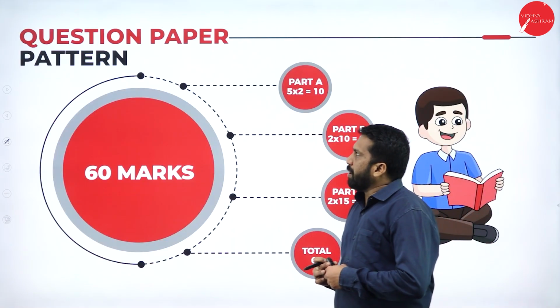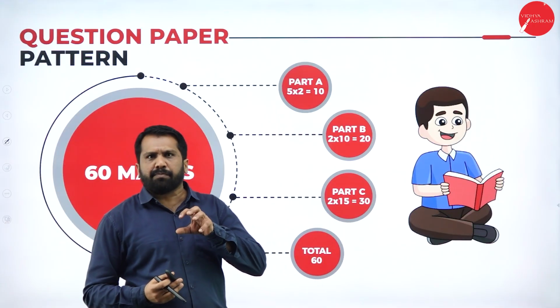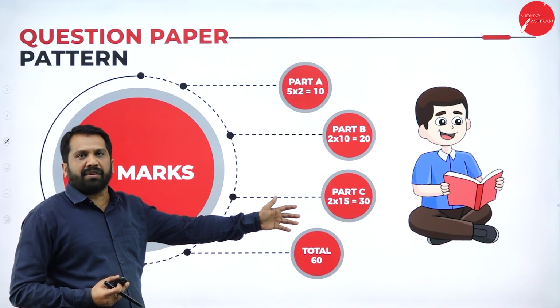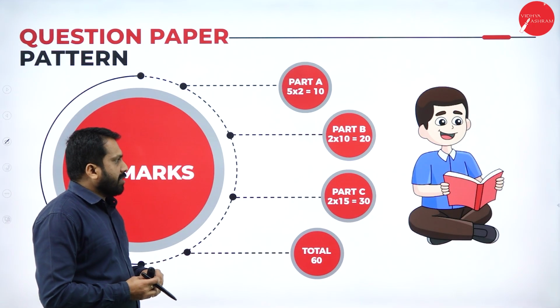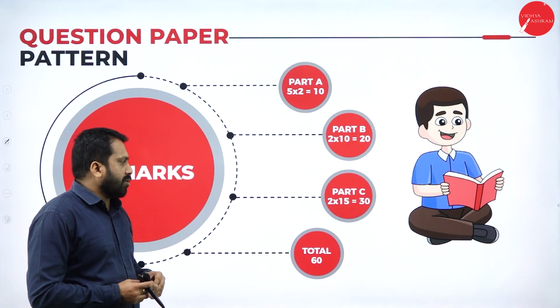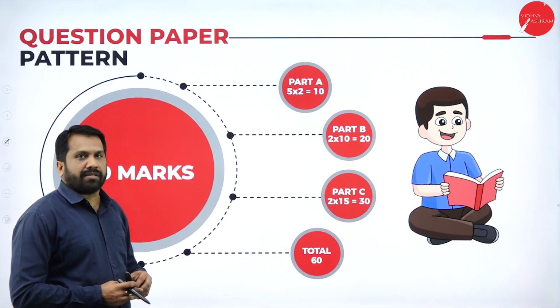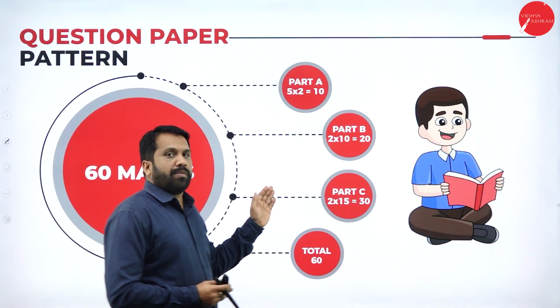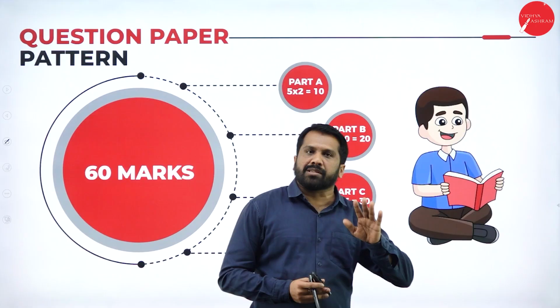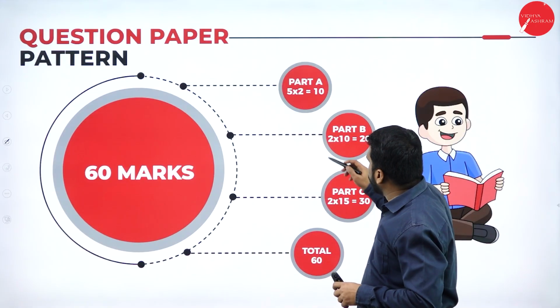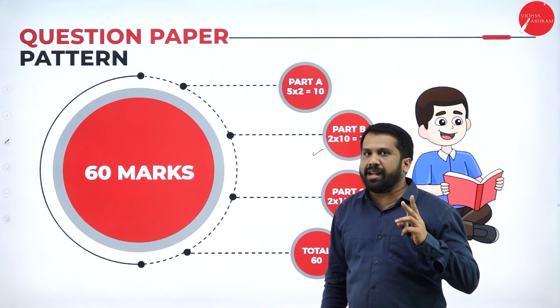Now, the question paper pattern. As with all the other papers, the same pattern will be there: 10, 20, 30 marks, and the total will be 60 marks. 2 into 5 will be your 10 marks. You will get 5 questions of 2 marks, so it will carry 10. And you will get 10 mark questions that will carry 20.